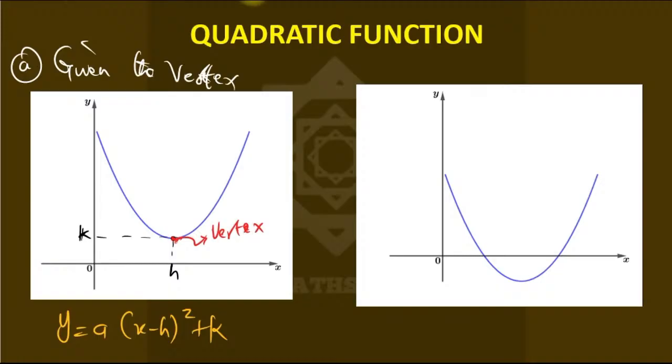The second one is given the x-intercepts, where the curve crosses the x-axis, as you can see. But remember, the quadratic curve is either concave up or concave down. Every quadratic function is always one of these. Let me show you concave down.